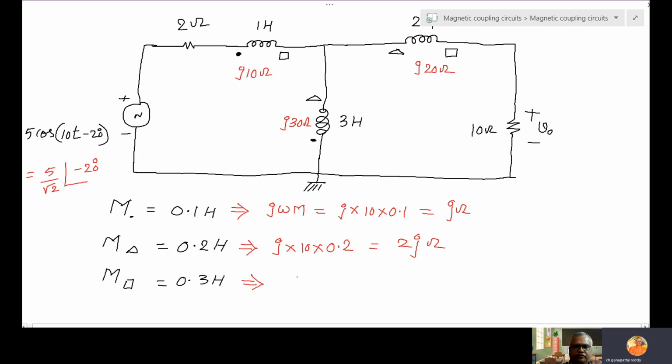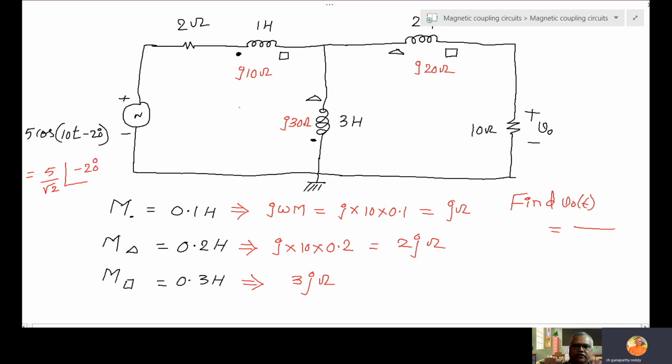And similarly you will get 3j ohms. So all these are mutual reactances, and j10, j20, j30 are self-reactances. What is the question in this problem? Find v0 of t. This is the question.